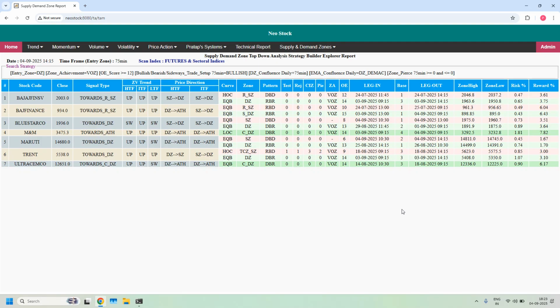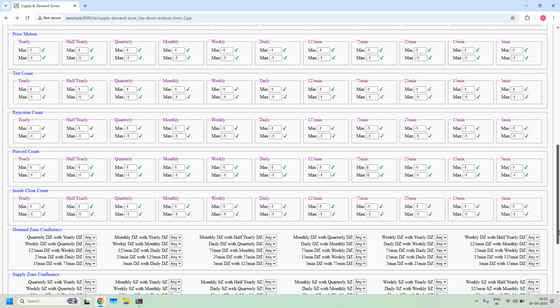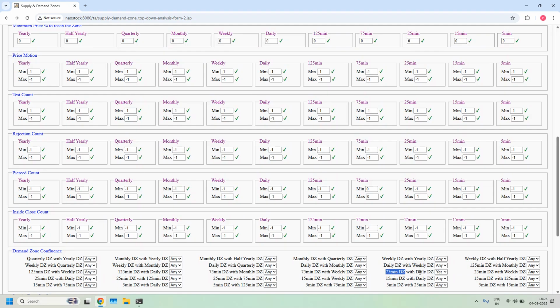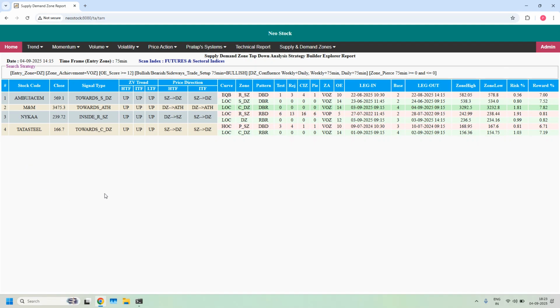Okay, next filter LTF, ITF, HTF demand zone confluence. Remove the EMA filter. In the demand zone confluence, 3 filters we have to set: 75 and daily, 75 and weekly, daily and weekly demand zone confluence. With all the 3 filters, we got 4 stocks. All these 75 minutes demand zones overlapped with the daily, both together overlapped with weekly demand zone, and the weekly trend is uptrend in all the stocks.